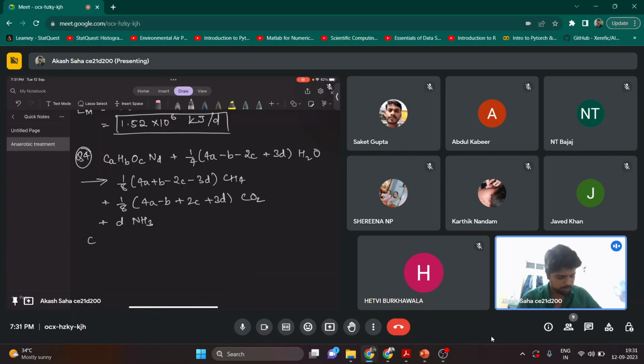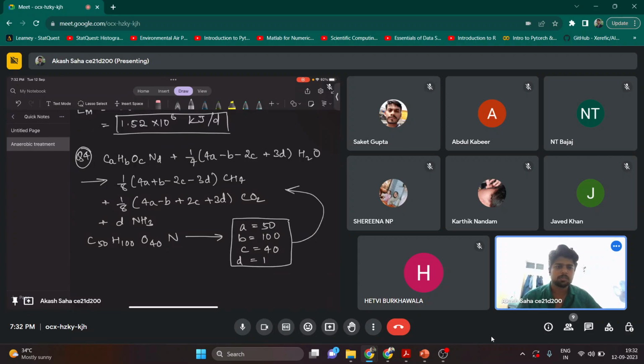So here we have the compound as C50H100O40N. This implies a is 50, b is 100, c is 40 and d is 1. So we have to simply substitute these values in this reaction.